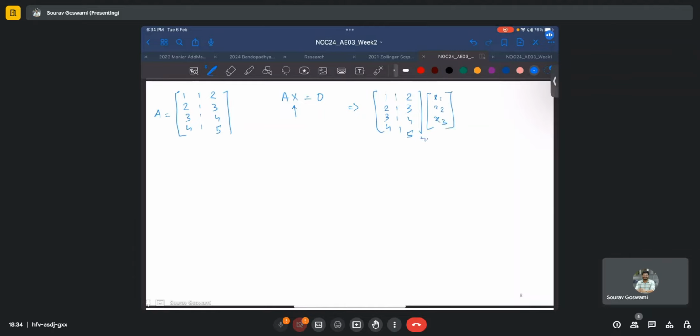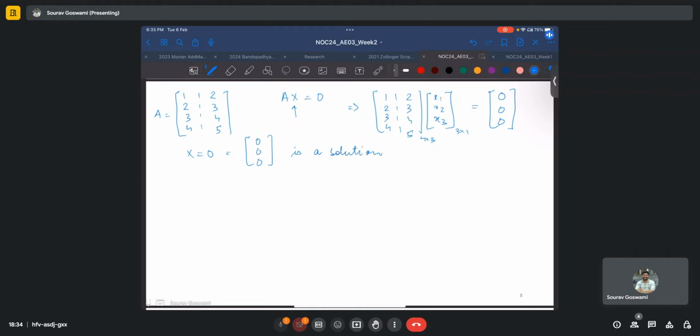Remember, because this is 4 cross 3, x has to be 3 cross 1, which will yield zeros on the right hand side. So, of course, x1, x2, x3 all equal to 0 is a solution.